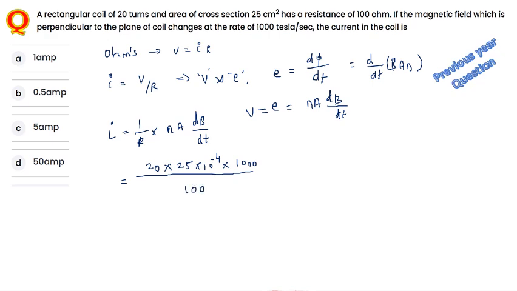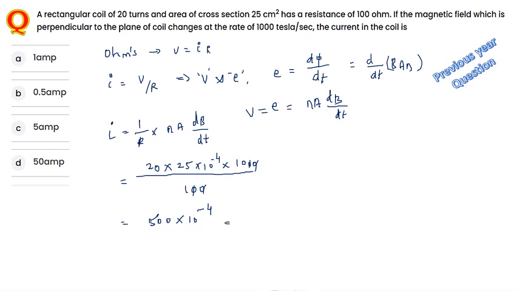See, that's all. Now you just substitute these values here. So what you are getting here is 25 into 2 is 50, and even 10 you multiply here, 500 into 10 power minus 4.